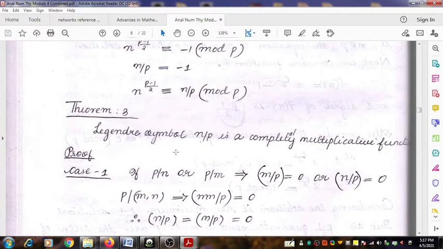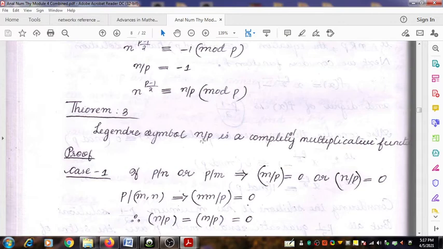That result says that the Legendre symbol (n bar p) is a completely multiplicative function. Here the Legendre symbol is taken as (n bar p), where n is a given natural number.